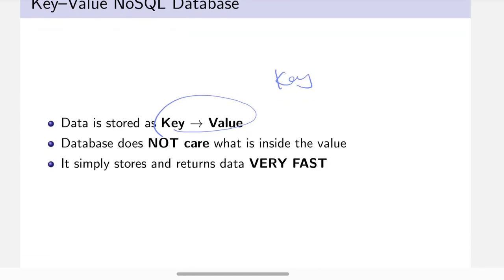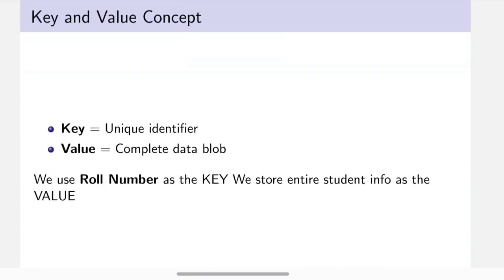Okay, that is what you need to remember. Think of keys as a roll number and the value as the complete student information. When we give the roll number, the database immediately returns the student's entire record. Okay, if I click the roll number, I will get the data of Ilyas completely.